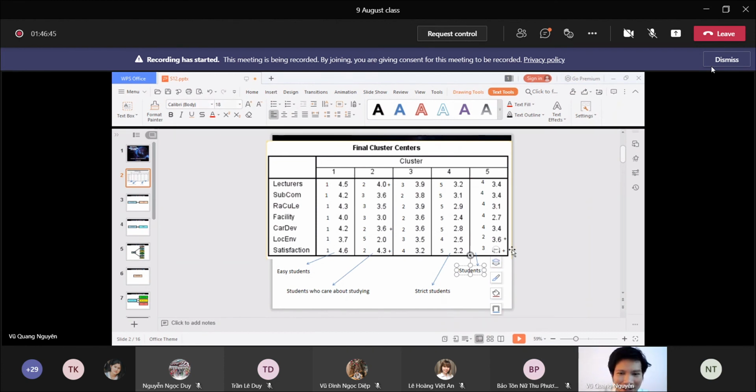You can see only one thing. Location environment is high. All of the other things are low because rank number 4 on 5 is low, right? Low in lecturers, low in all aspects of studying, but very much satisfied because of only one thing, location environment. So those are students who care about location of university.